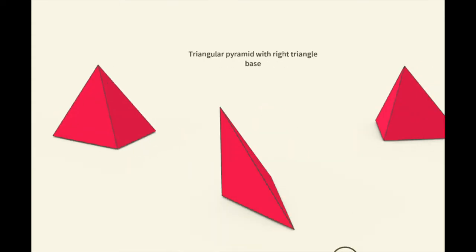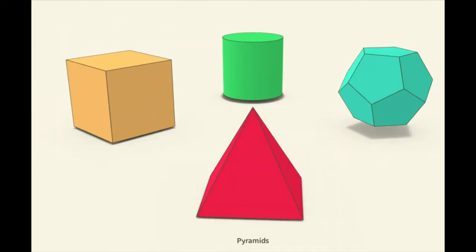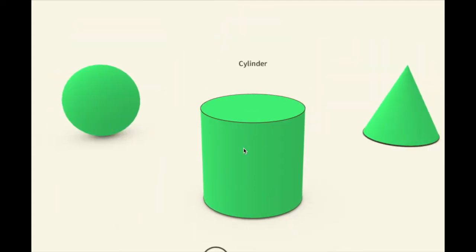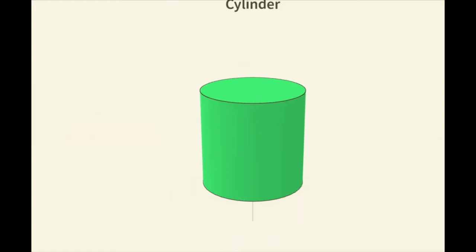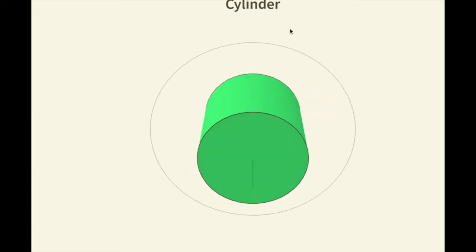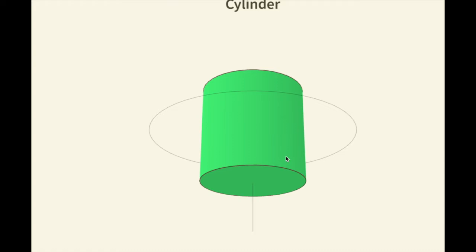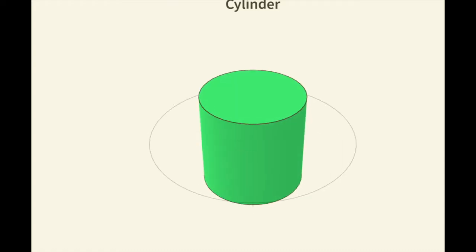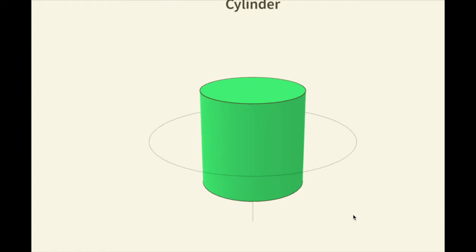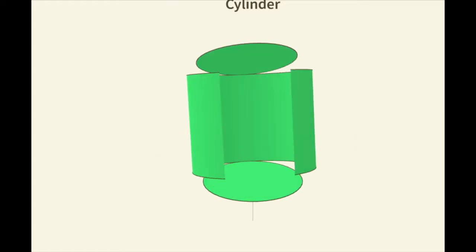So let's go for something a little bit different and go for the cylinder. Now, cylinder is one of the shapes that has mostly interested me. You could see that we have two bases. They are circles, and the shape surrounding it is going to be something very surprising once I open the net.